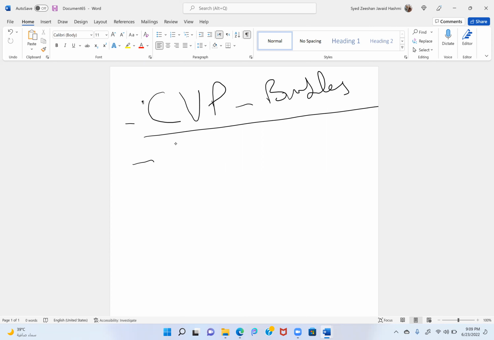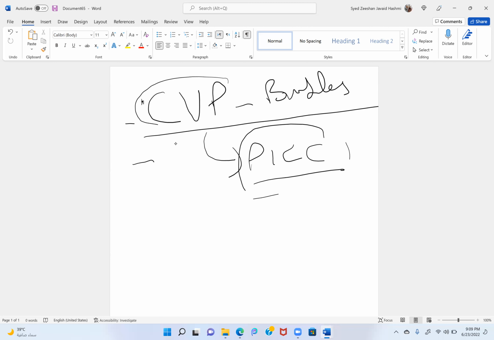If you are using it for a long time, try to have a big line, so the chances of infection will be less. Why CVP infection? Because whenever we are passing a cannula, we are entering the venous system. Why is CVP more dangerous? Because it is directly touching the heart, so it can cause endocarditis even.